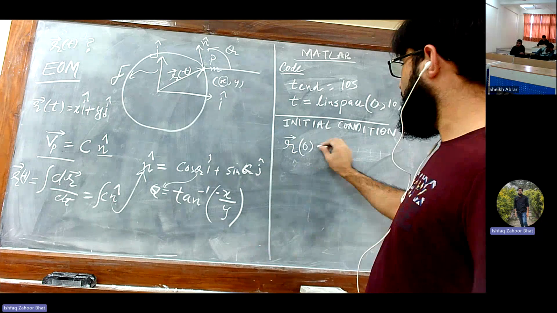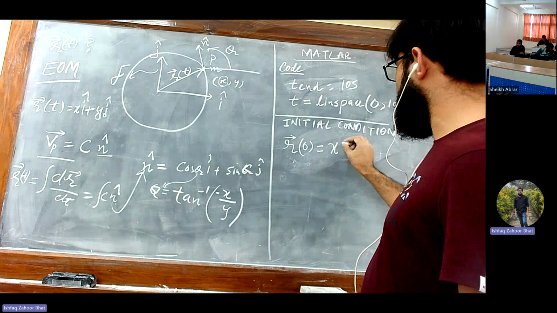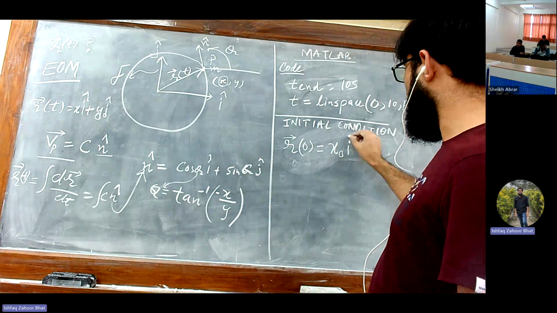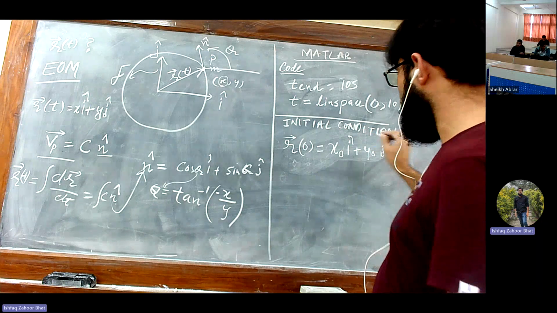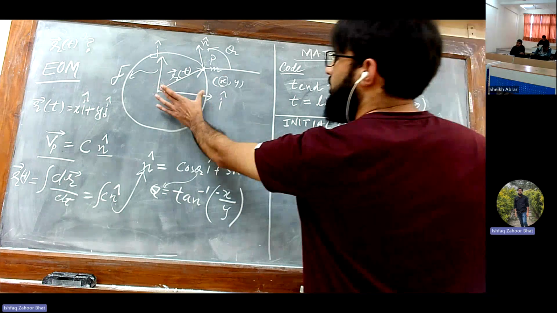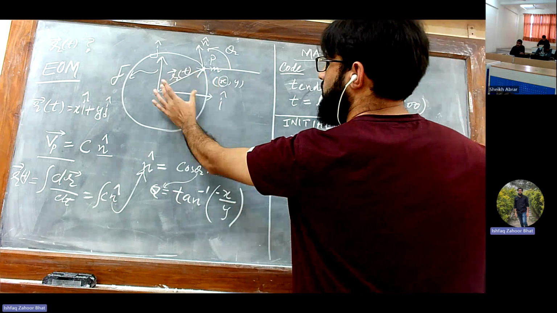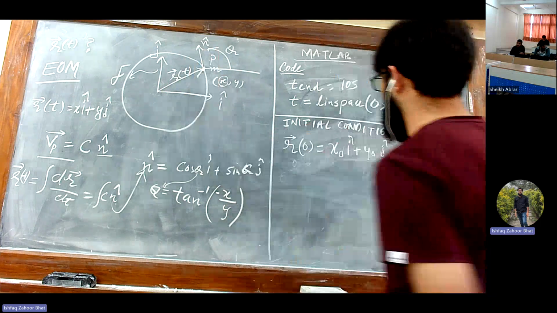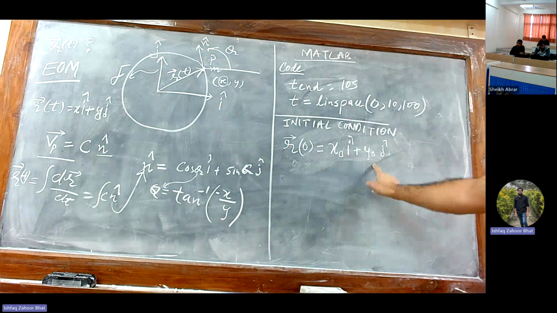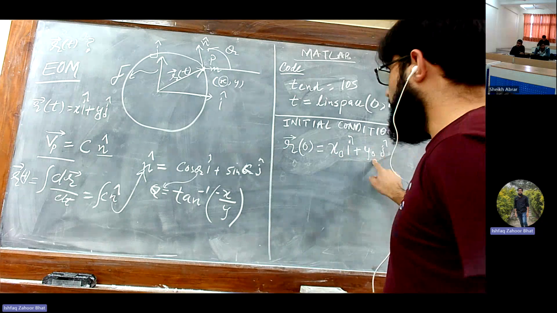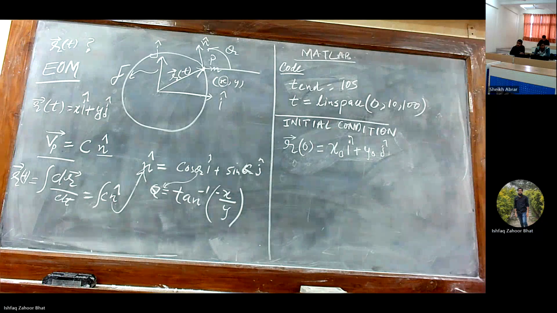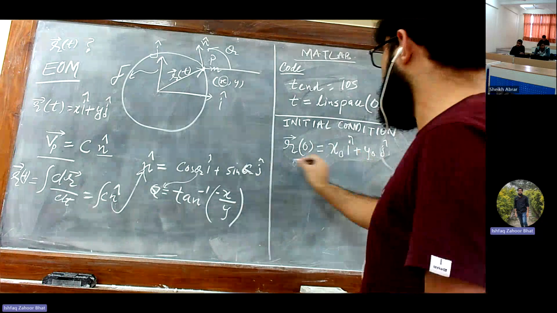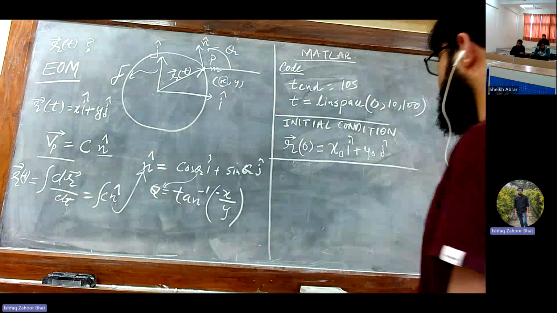And this will be some x0 i plus y0 j. Basically, there will be some x at time t equal to 0, that will be x0, and this will be y0. So we have to give these two things, x0 and y0, which will determine our initial position. And so this is our initial condition.